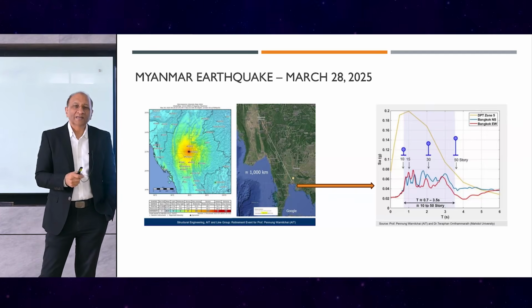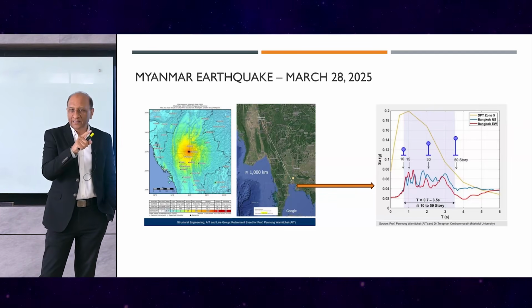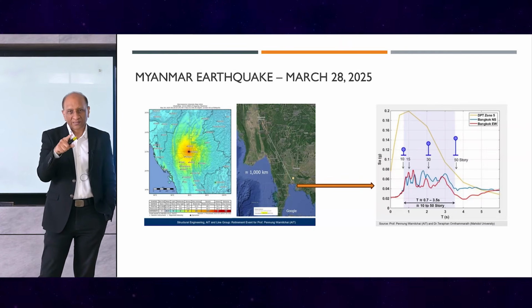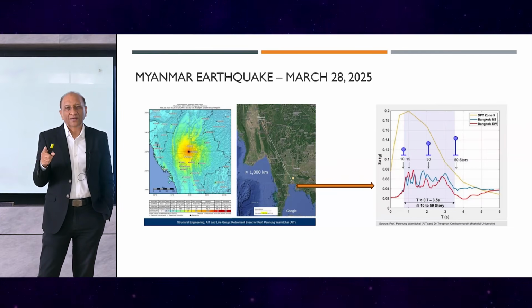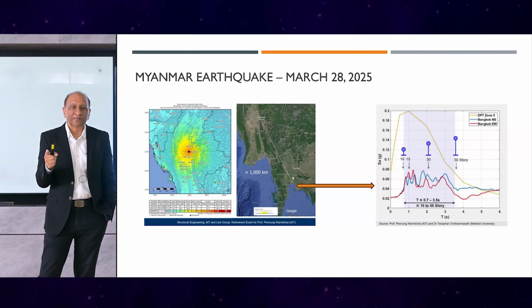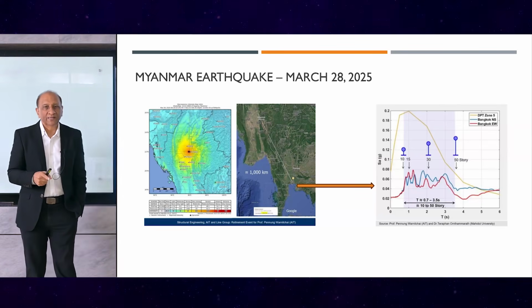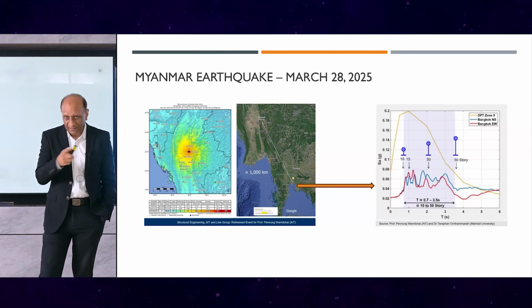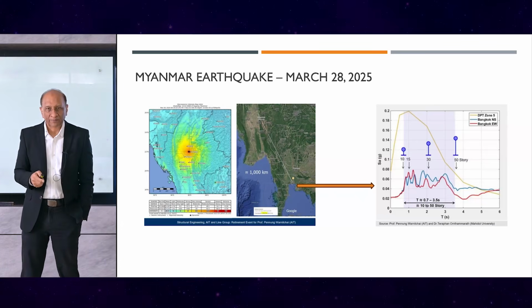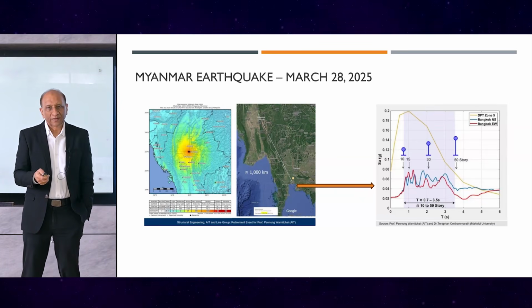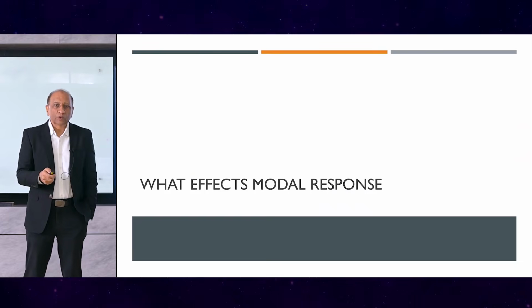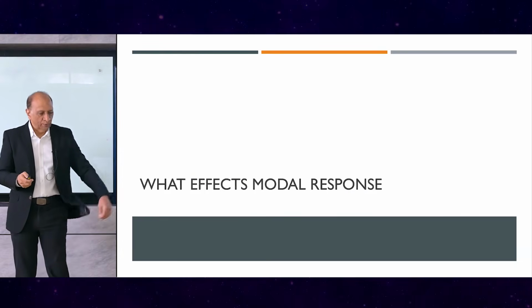This one shows clearly that the response spectrum from the earthquake was very different, and it remained peaked over a range, so any building that has a natural period in that range was heavily influenced by this response spectrum from this particular ground motion. There is a very long flat area in the middle, and very small values in the 2-story, 1-story range. So what are the things that affect the modal response?